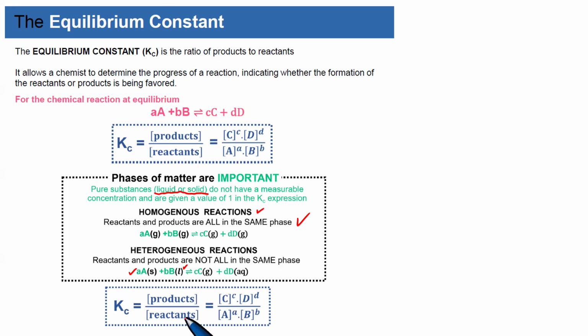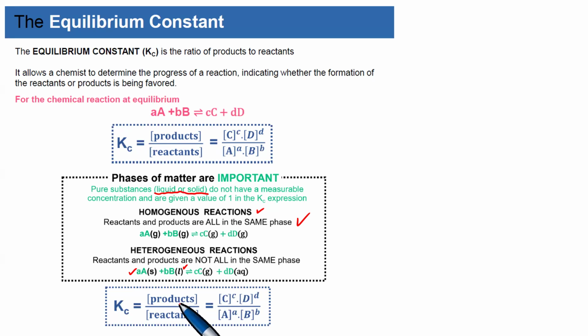So obviously, if the denominator is concentration of 1, these guys will have concentration of 1, but the products we don't know. Meaning it can be anything.